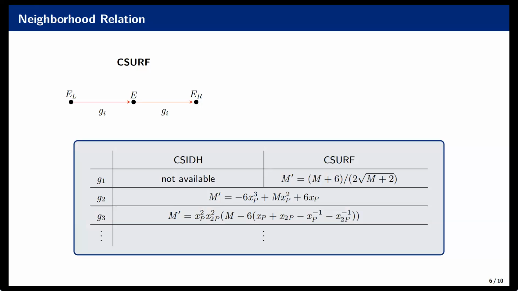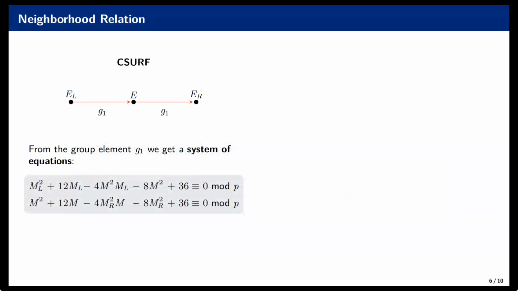This gives us a way to express the neighbor in terms of the other side, and then we have an equation in which these two Montgomery coefficients are connected. And that's exactly what we want, right? So we can now just rearrange these formulas and square them, and then we get this system of equations.